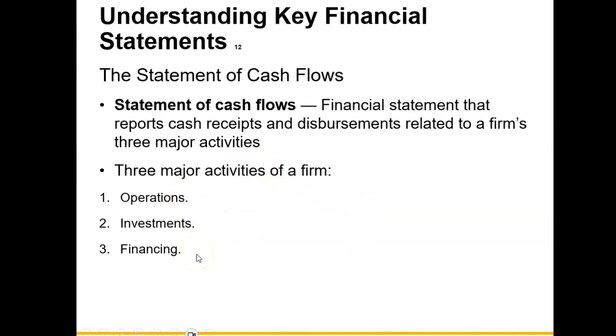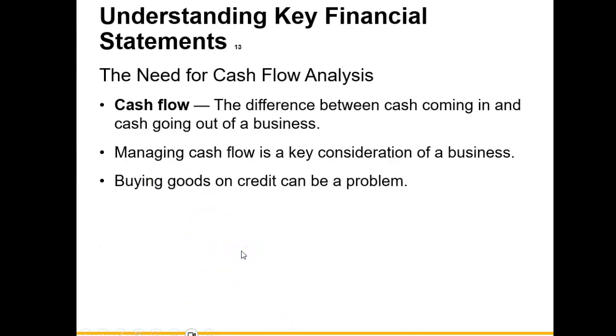So the statement of cash flow will show the cash receipts and cash disbursements from all three of these different types of activities. Now that's important because as a business, you need to know the difference between the cash that's coming in and the cash that's going out.